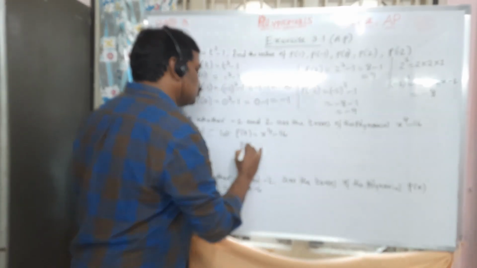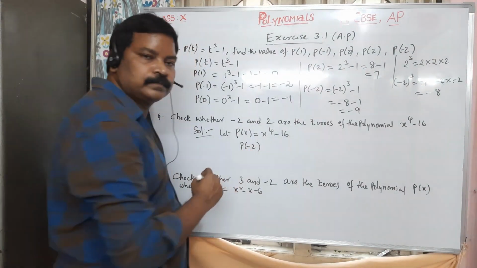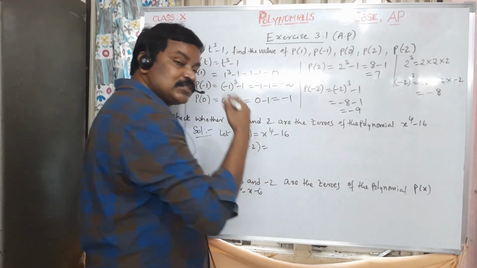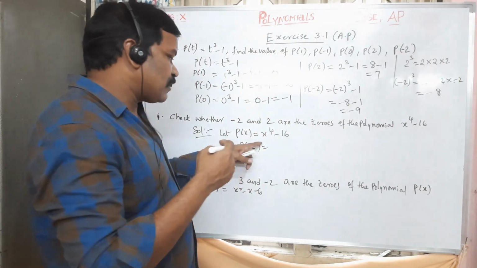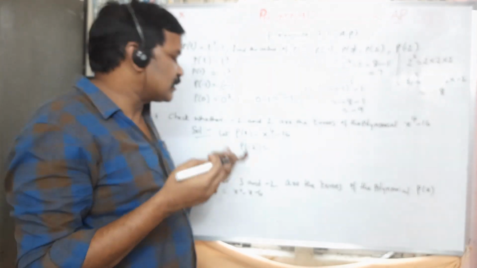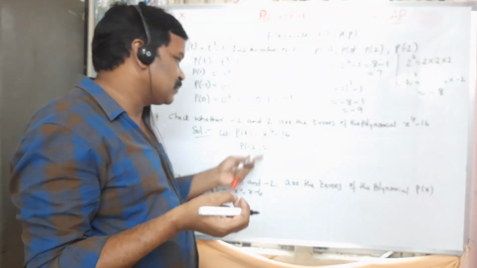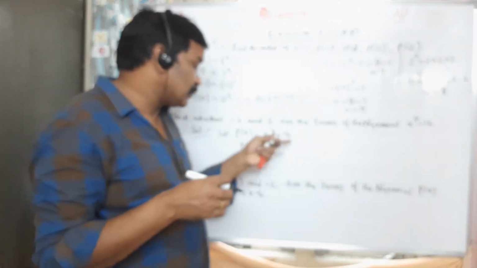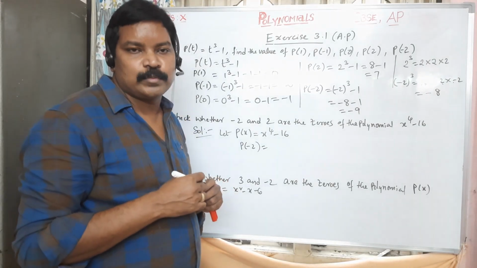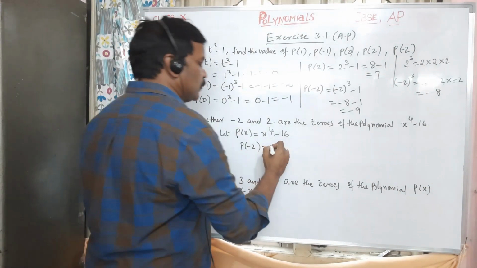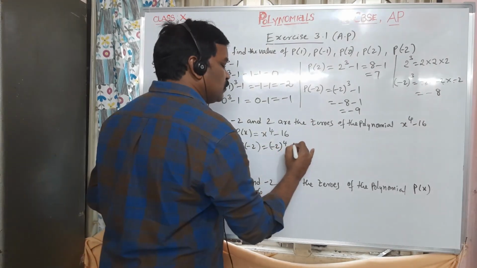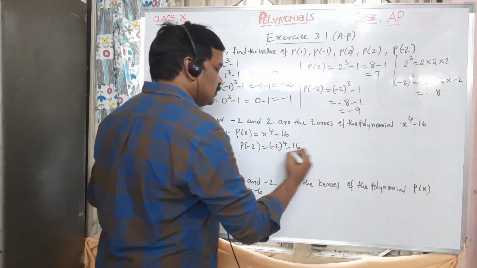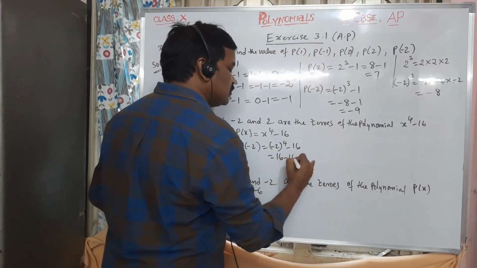So first substitute p of minus 2. As I told you in the beginning, if the value of this polynomial is 0 at x is equal to minus 2, then this value is a zero of the polynomial. Let us verify. That means minus 2 whole to the power of 4 minus 16. That is 16 minus 16, 0.